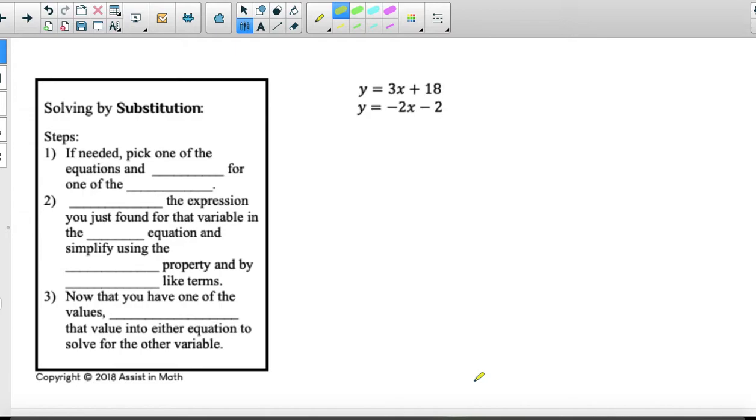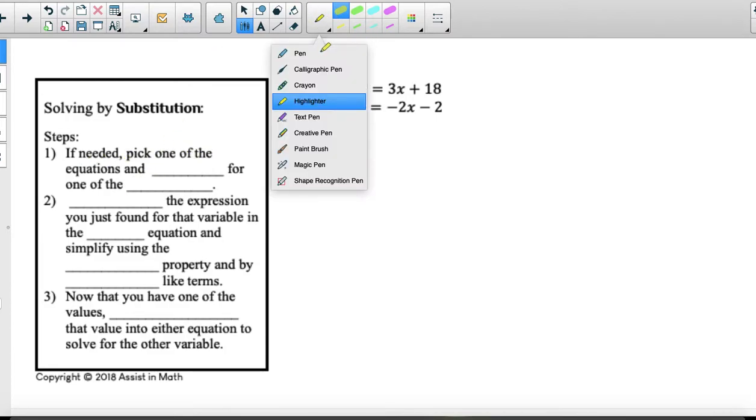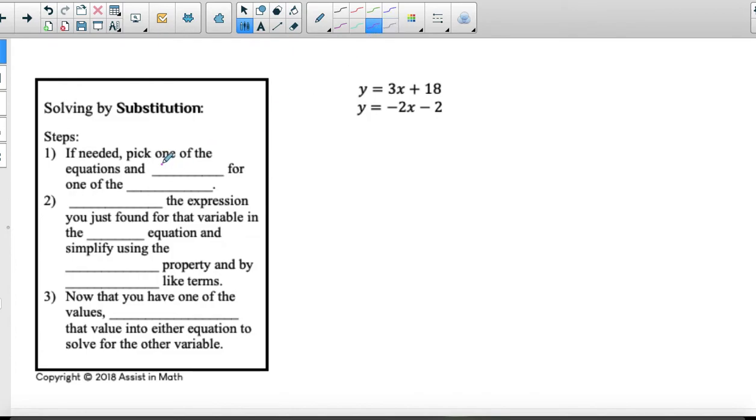For substitution, you actually can have it in any format, but if needed, you want to pick one of the equations and solve for one of the variables. If it's already in a nice clean format, already solved for one of the variables, that's the one you focus on.